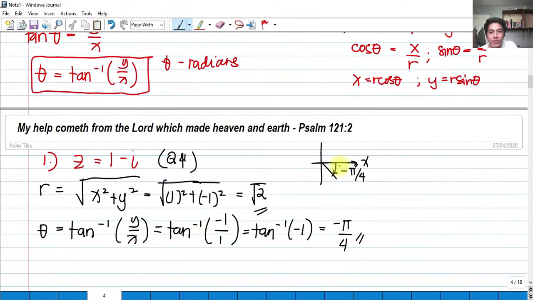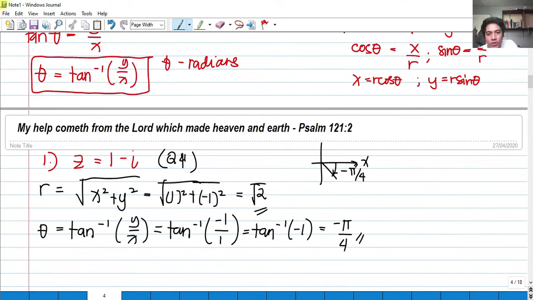So our answer here would be negative pi over 4.